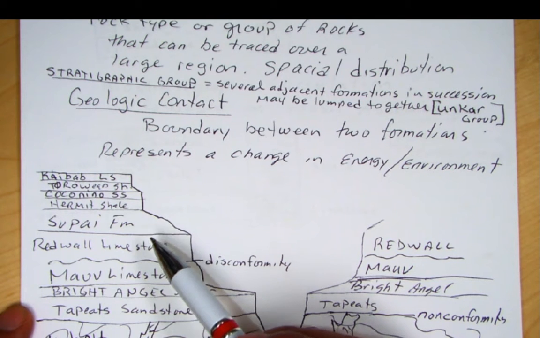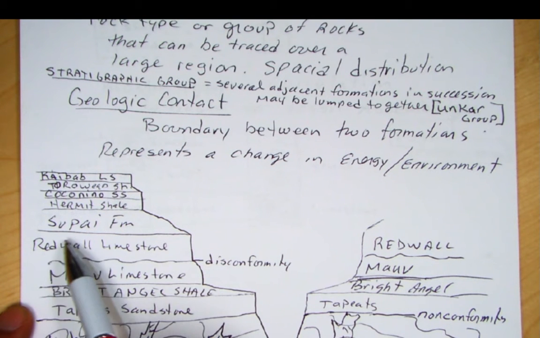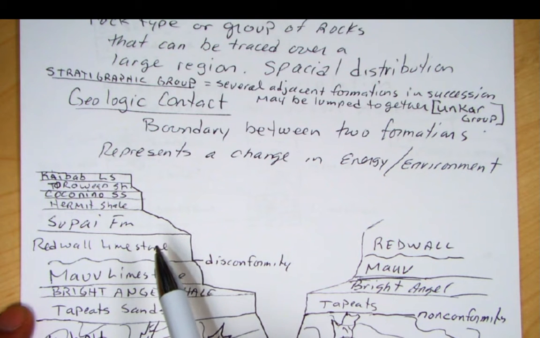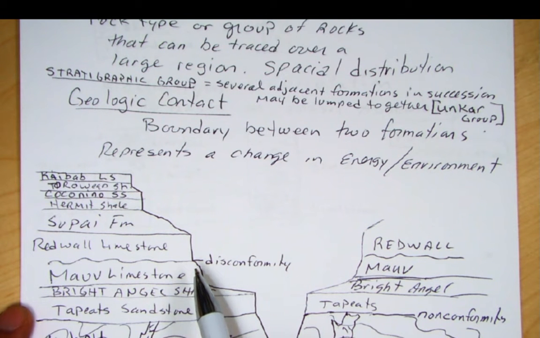So there's a change in environment, and that would be the geologic contact between the two formations. When we talk about structural geology later on, about faults and folds, there are other types of contacts like fault contacts. And there are also these erosional contacts, these disconformities, unconformities, nonconformities. Those are also a different type of contact.